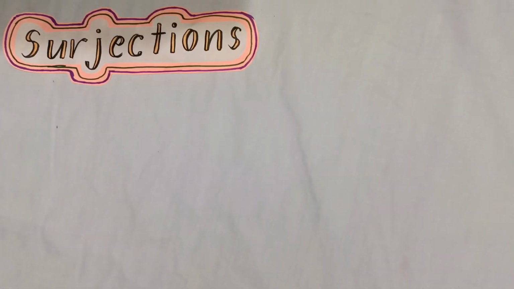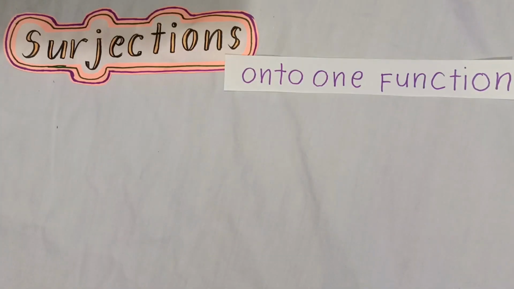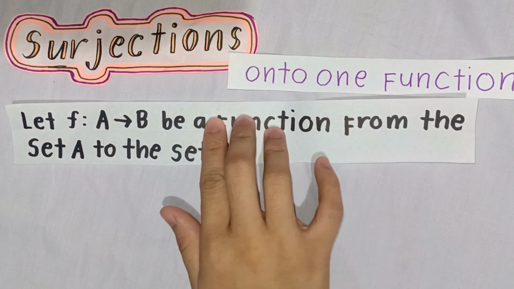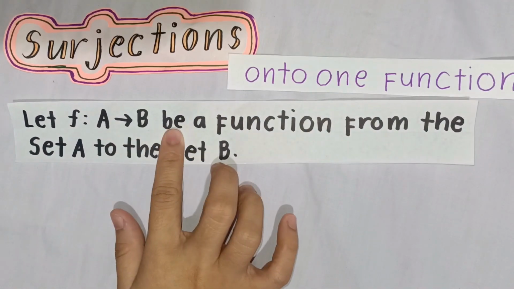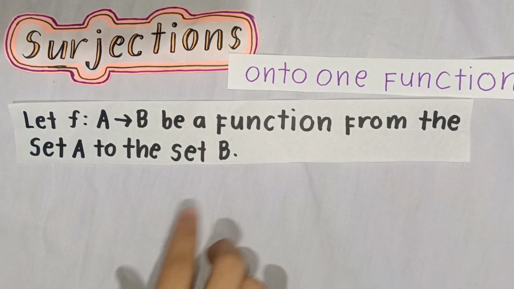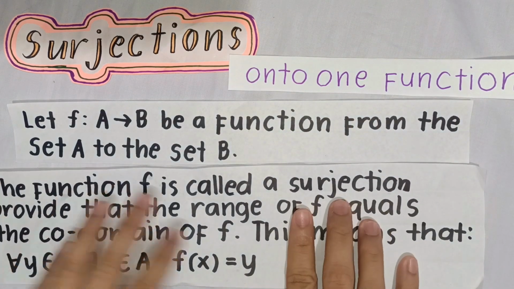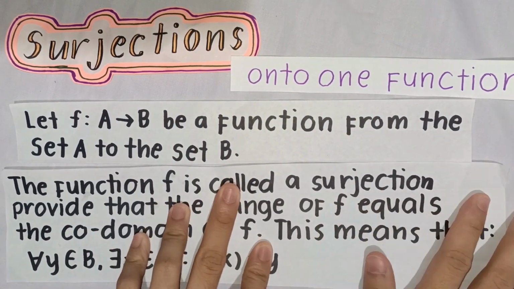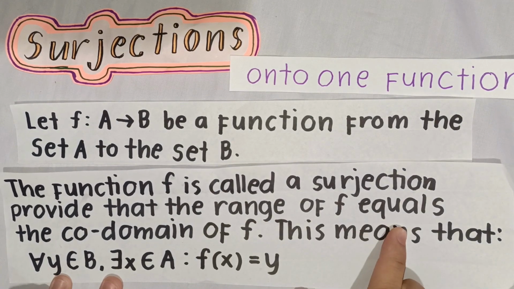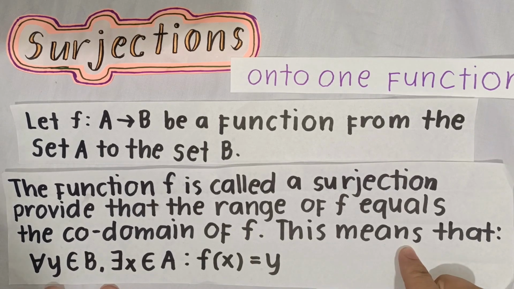Surjection, or known as onto function. Let f such that A implies B be a function from the set A to the set B. The function f is called a surjection, provided that the range of f is equal to the codomain of f.